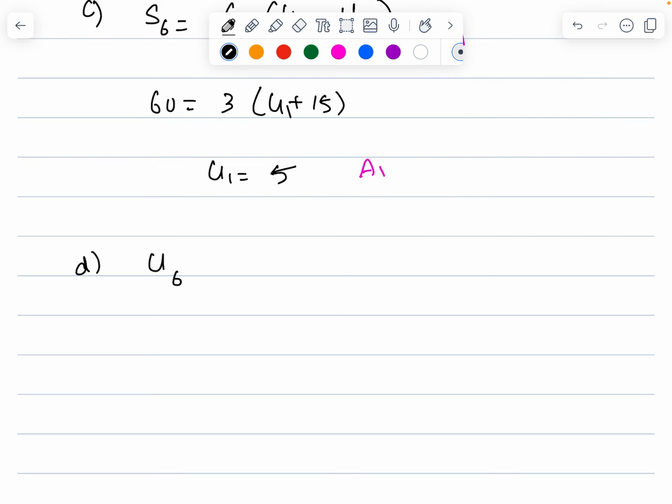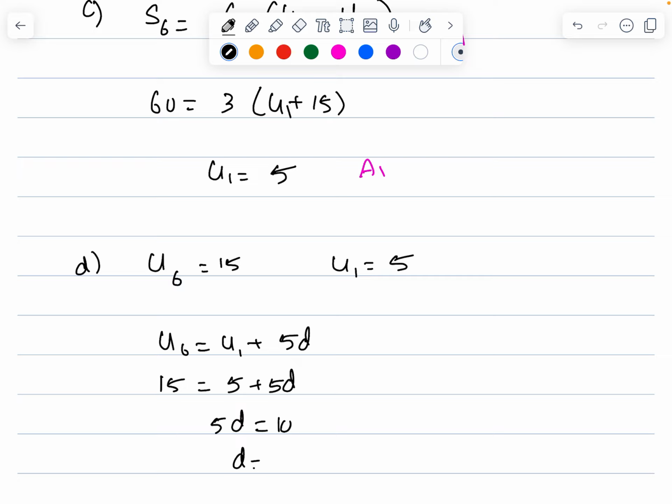We got U6 is 15 and U1 is 5. So what am I going to do? U6 equals U1 plus 5d. So 15 equals 5 plus 5d. So 5d equals 10. d equals 2. First get the value of d.